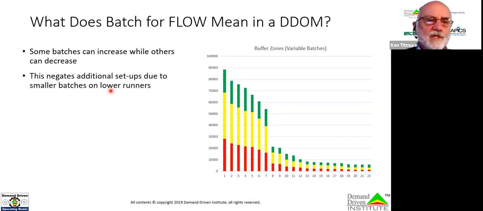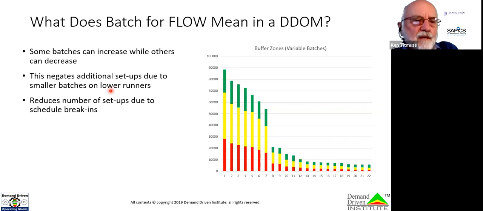This negates additional setups due to smaller batches on the smaller runs, and reduces the number of setups due to schedule break-ins. Quite often we have these large schedules and large setups, and we have to break into them because we run out of stock of another item. We have to break into that schedule, and then it needs to be set up again.